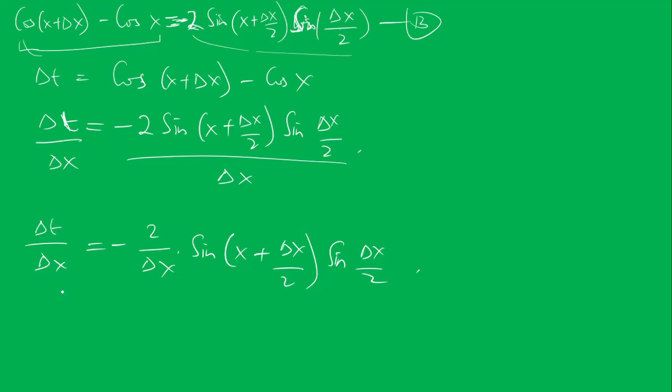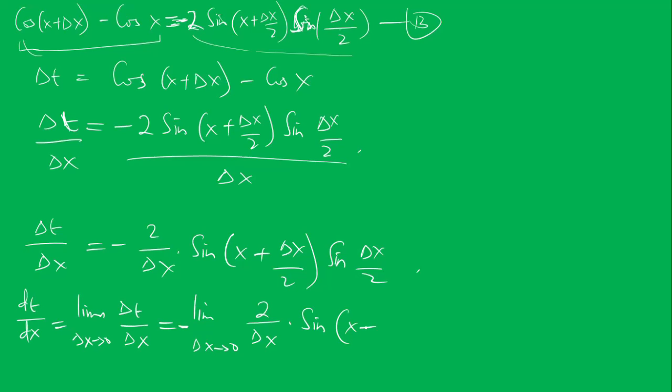Now we know that dt all over dx is equal to the limit of delta x tending to 0 of delta t all over delta x, which is equal to the limit of delta x tending to 0 of minus 2 all over delta x times sine of x plus delta x all over 2 times sine delta x all over 2.